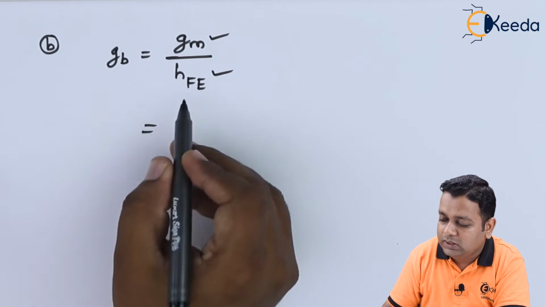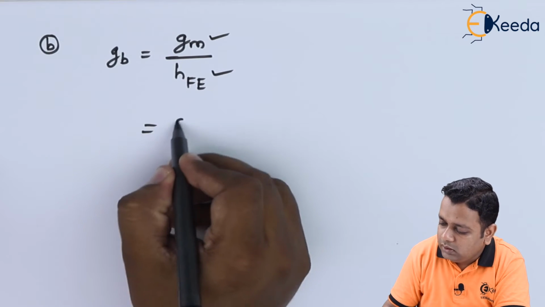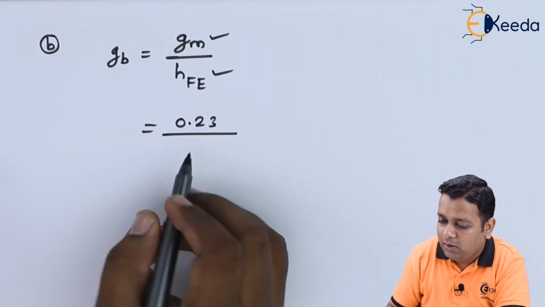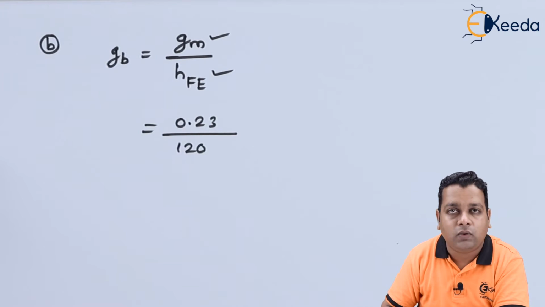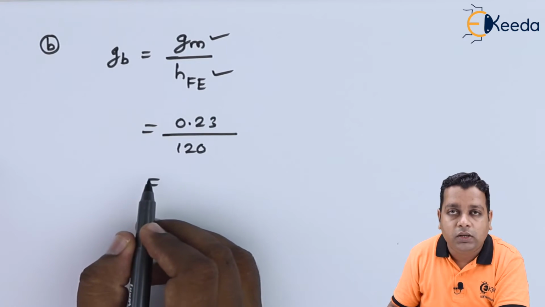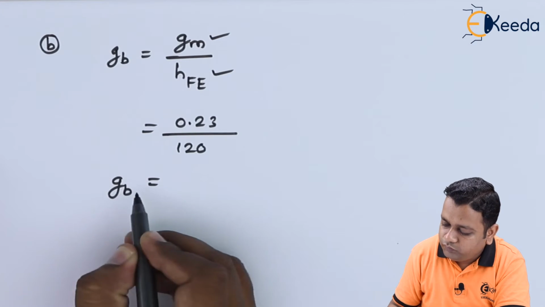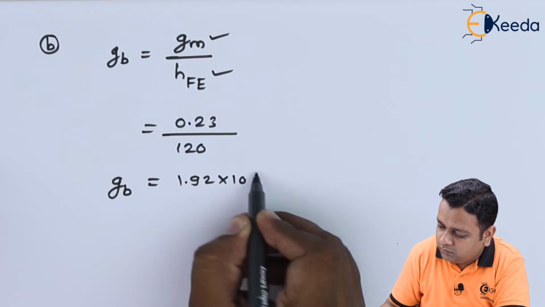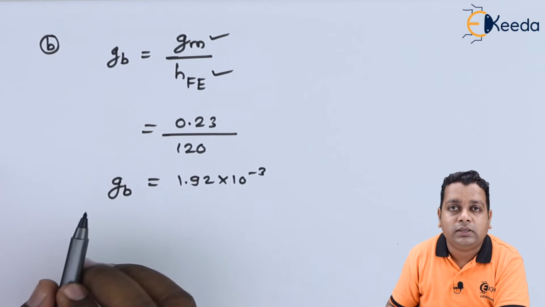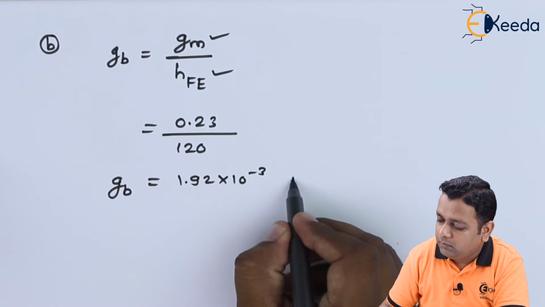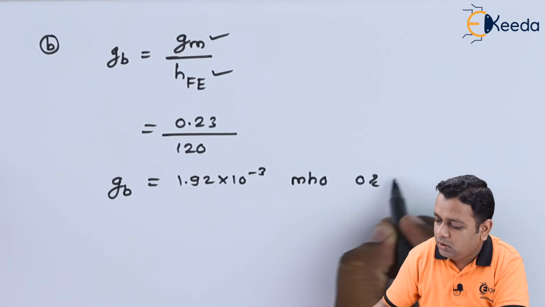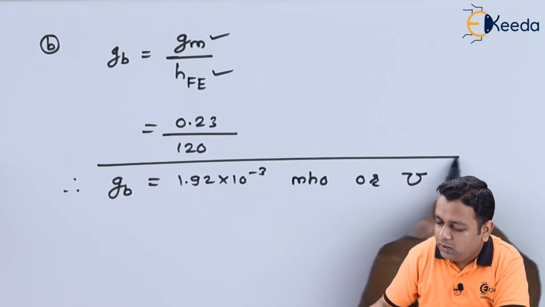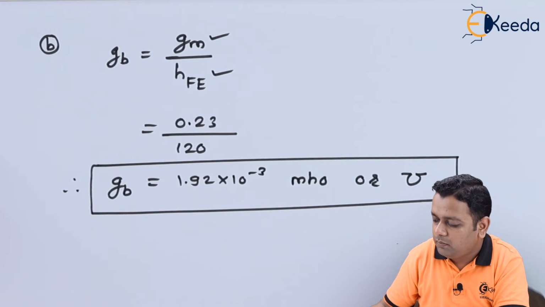So we substitute the previous answer into the numerator, so it becomes 0.23, and in the denominator the given value of this gain factor is nothing but 120. So by the division we obtain the resultant value of the conductance, 1.92 into 10 raised to power minus 3. As this is the conductance, the measurement unit is in terms of mhos, or can be symbolically denoted like this. So this is the answer for part B.